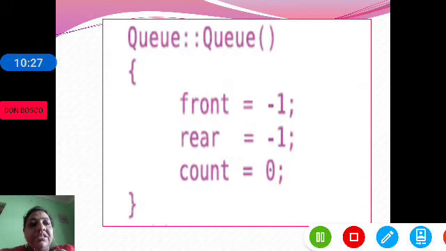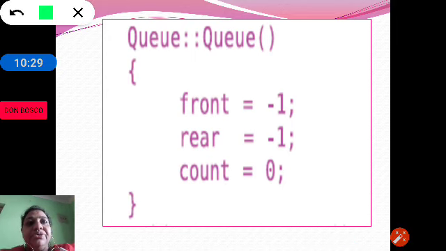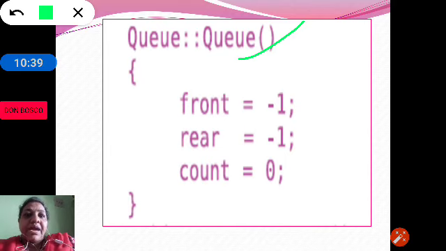Let us check the constructor, that is Q. As we know, a constructor is a member function which has the same name as the class name and it initializes the object. So whenever an object is created, automatically a constructor is called. Whenever we create an object for Q, the constructor gets called.